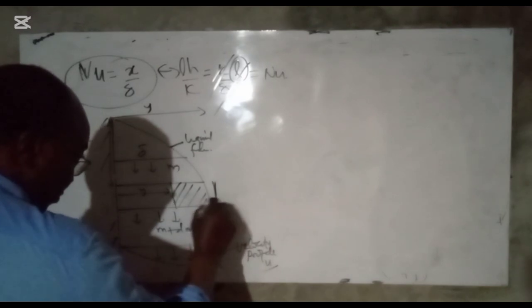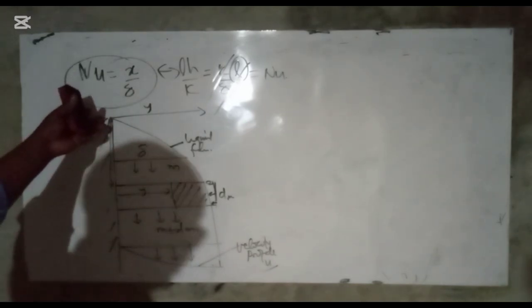Call it u. This is dm. So we had this schematic. Of course, you notice at the top of the plate, the sigma, that is the thickness of that boundary, is zero.